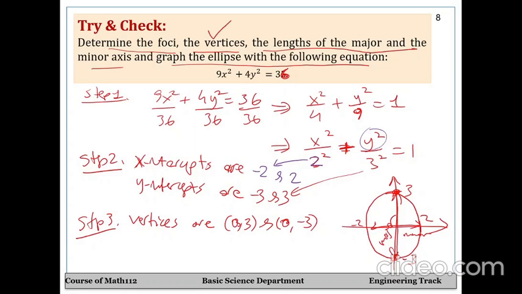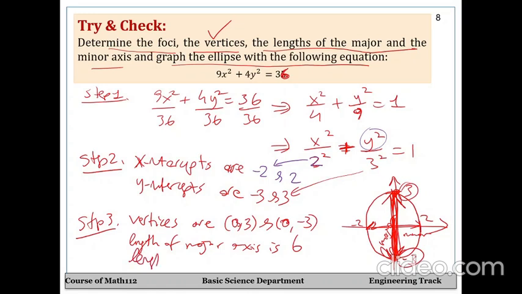The length of the major axis is, okay, what is the major axis? The major axis here is the longest one. The longest one will go from 3 to minus 3, so it has to be 6.